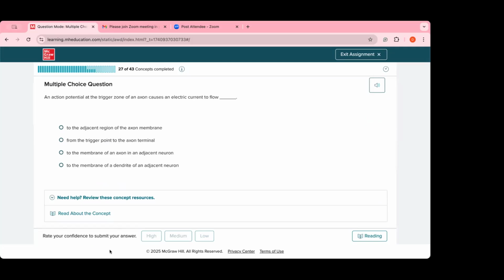An action potential at a trigger zone of an axon causes an electric current to flow to the adjacent, okay, an action potential at the trigger zone of an axon. Okay, hold on.